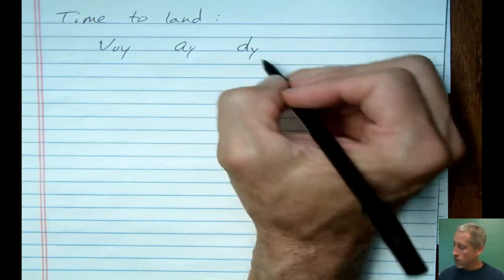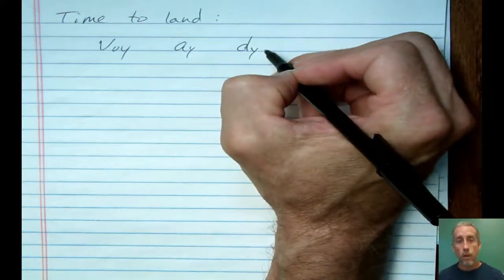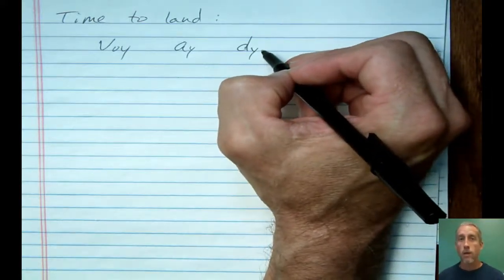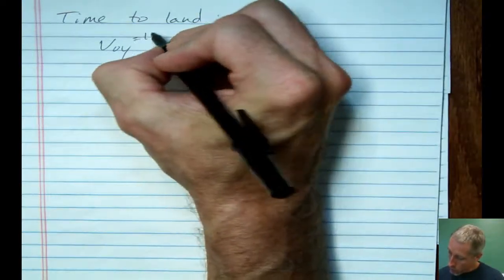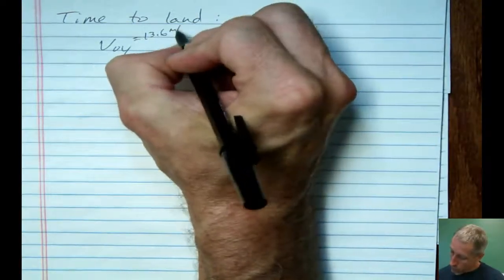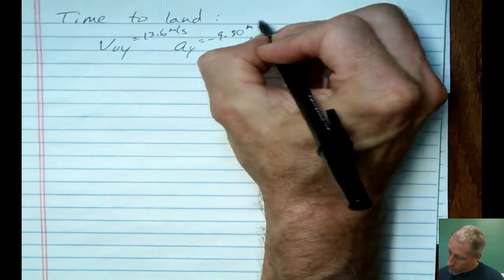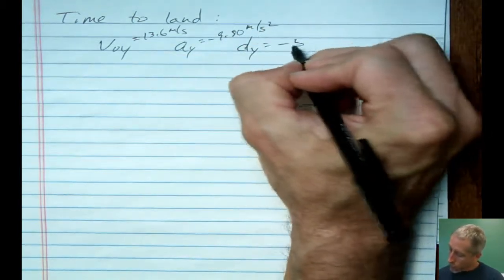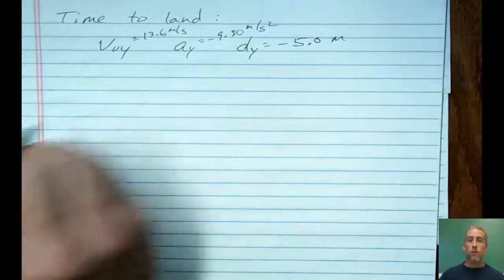I'm just using this because it's a little simpler. You know, that's from the initial launch level down to the ground is 5 meters downward. So, you know, we can use 13.6 meters per second, we can use negative 9.8 for the acceleration, and negative 5, because that's also a downward quantity when you consider the vector direction.